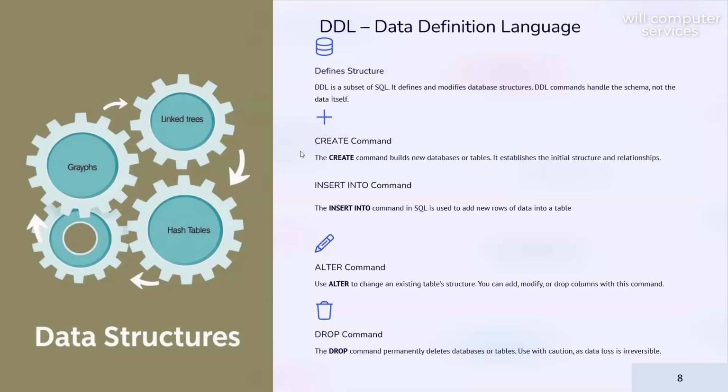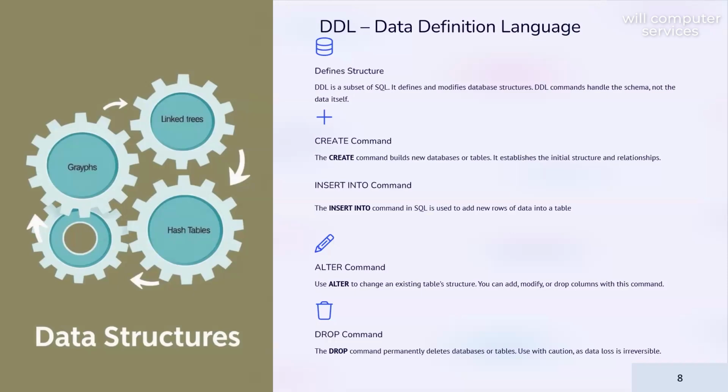The create command builds new databases or tables. It establishes the initial structure and relationships. So with the create command, you can create a database. We will do some hands-on manipulation in a few minutes, but first let's get the theory.